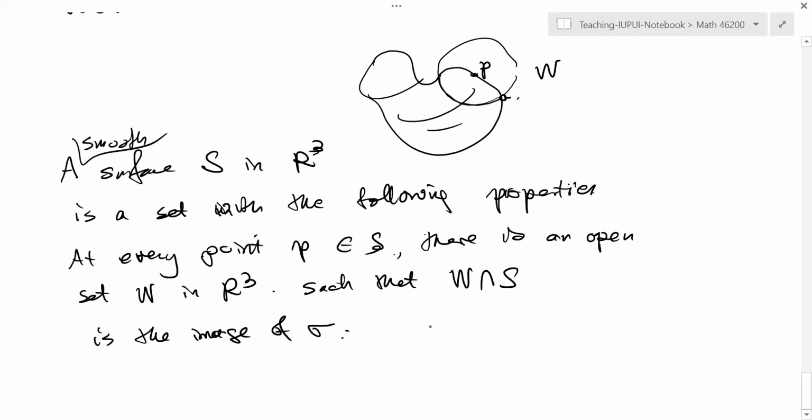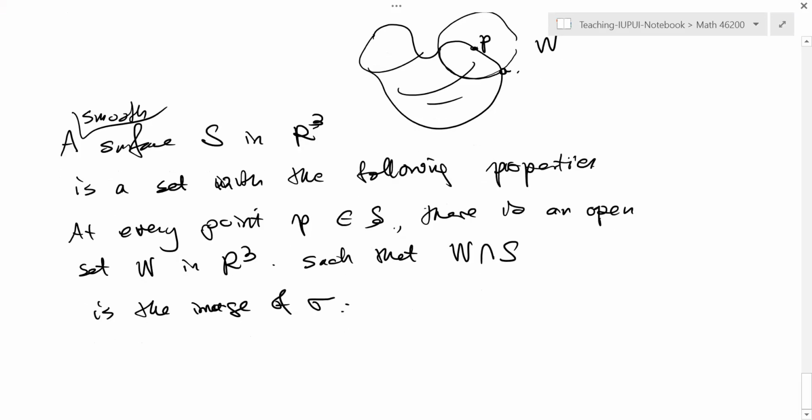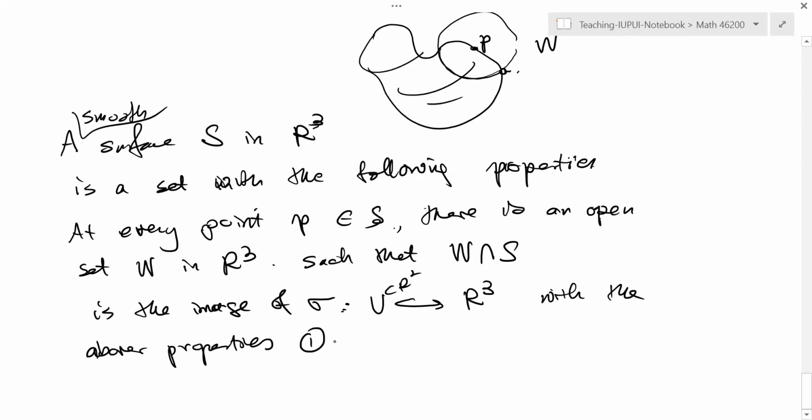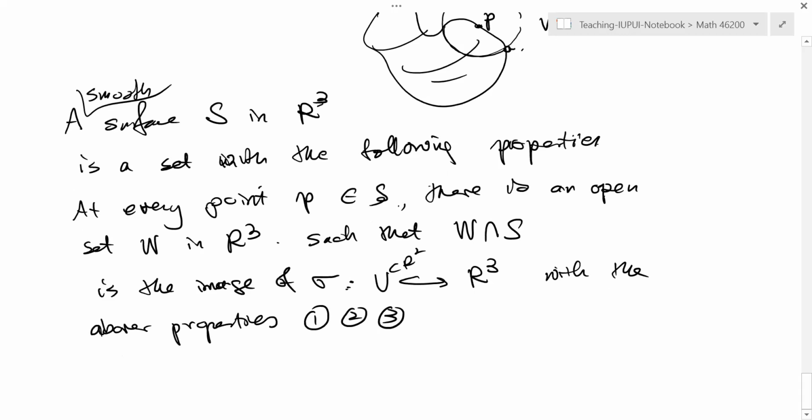This sigma has the properties we already mentioned, above properties 1, 2, 3, on some open set in R3. I don't want to go through very technical details, but that is probably good enough.